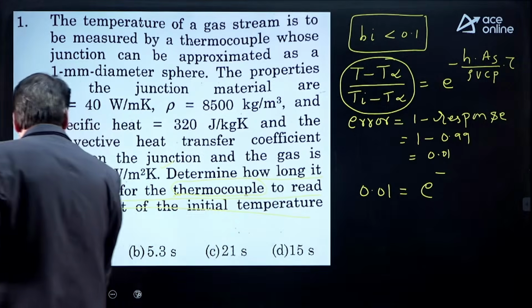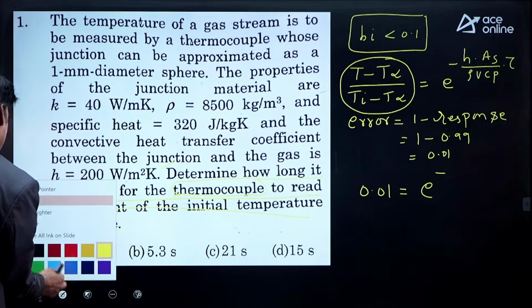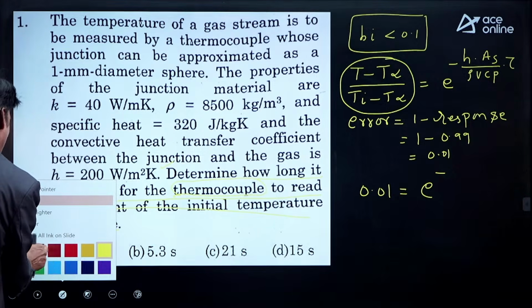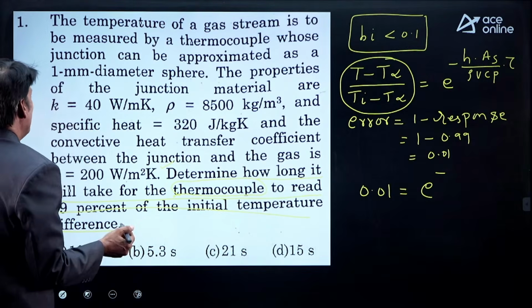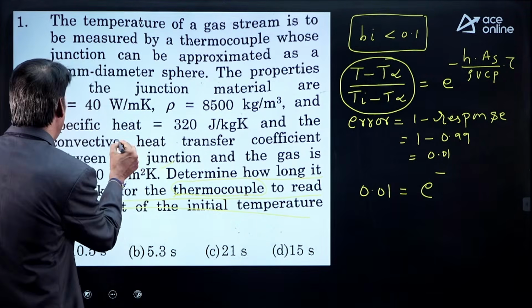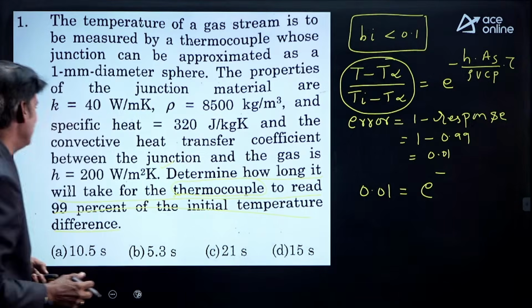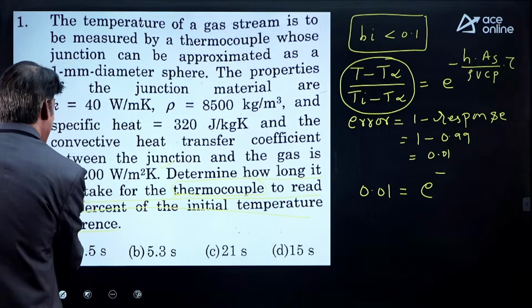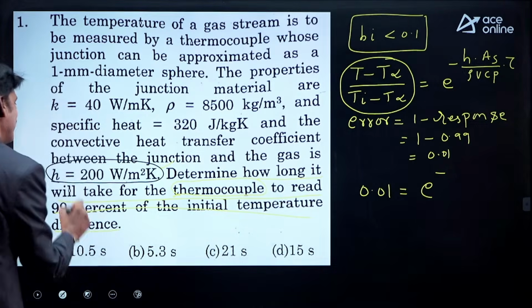if you look at the values, the convective heat transfer coefficient H between the junction and the gas is given as 200 watt per meter square Kelvin.